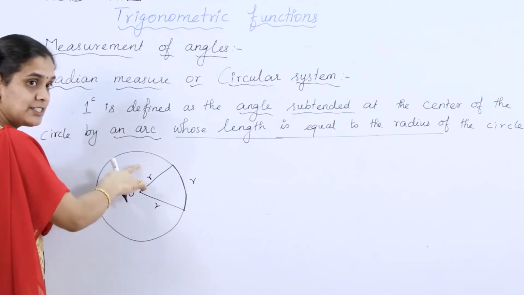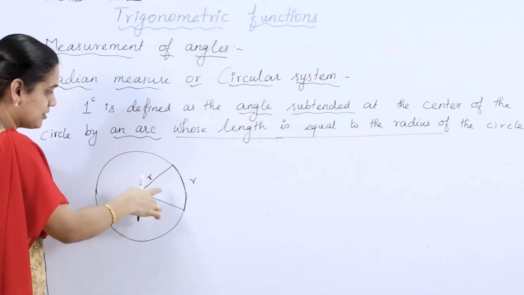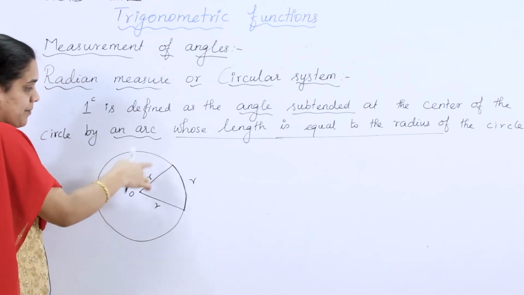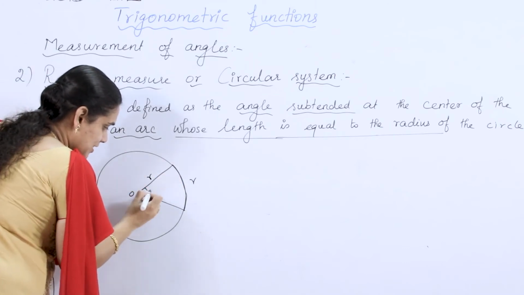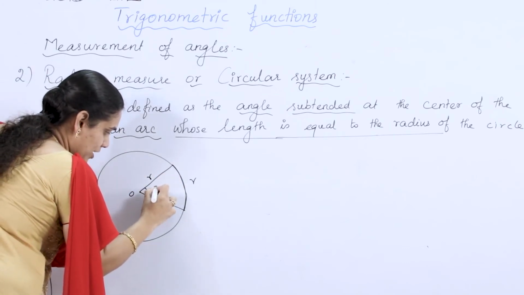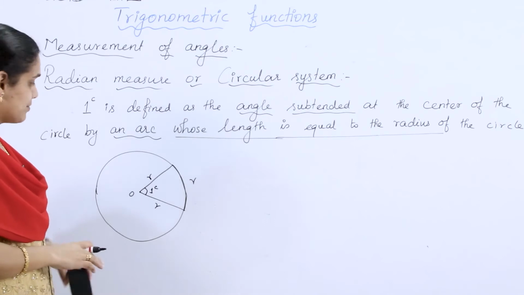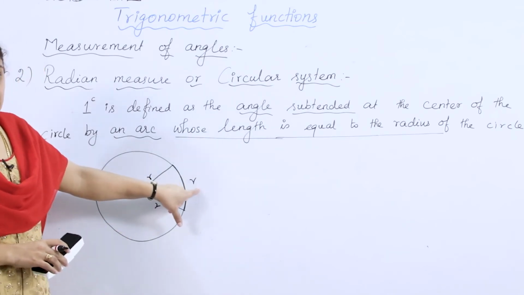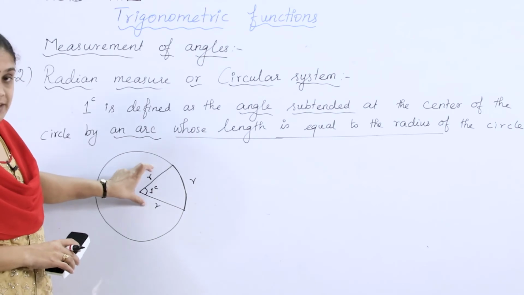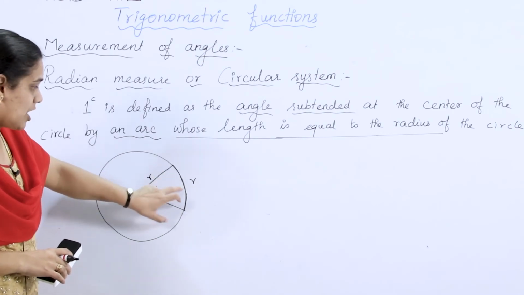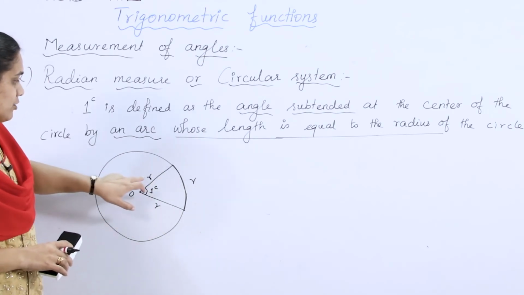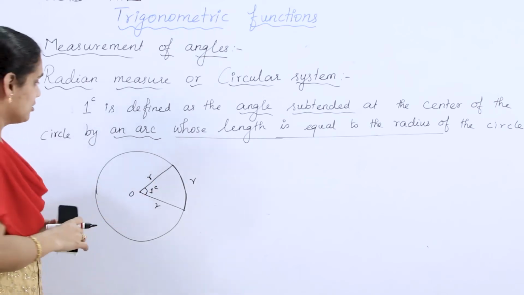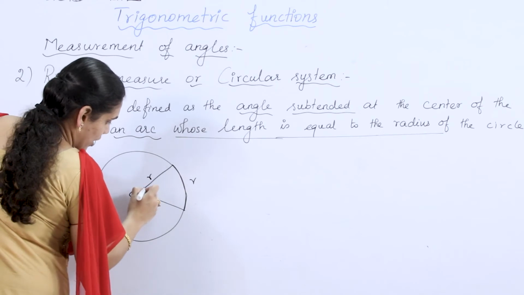See, this radius r, the arc length is equal to the radius, isn't it? Then in that case it makes 1 radian here. This angle is measured as 1 radian when these three are equal. Okay, these two of course they will be equal because radius of the circle. If you take the arc length same as the length of this radius, then it makes 1 radian here. So this piece makes 1 radian.